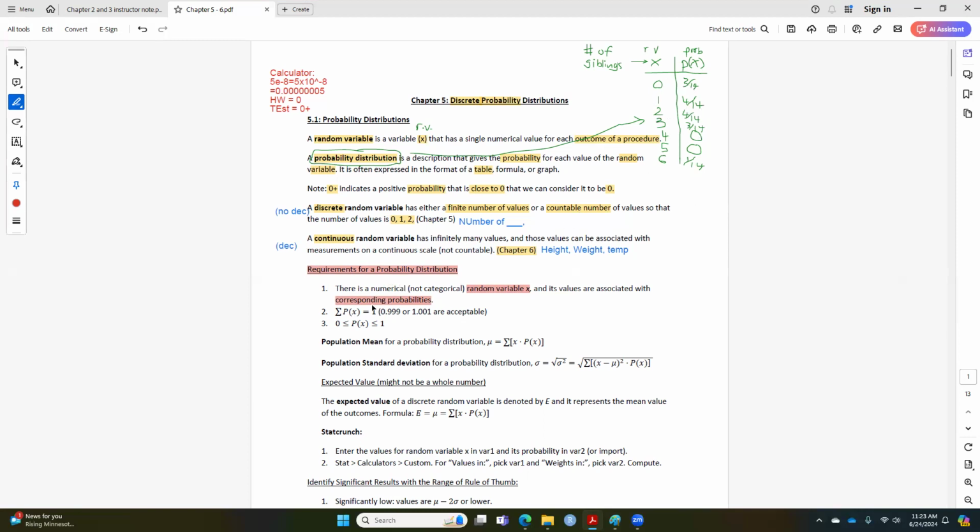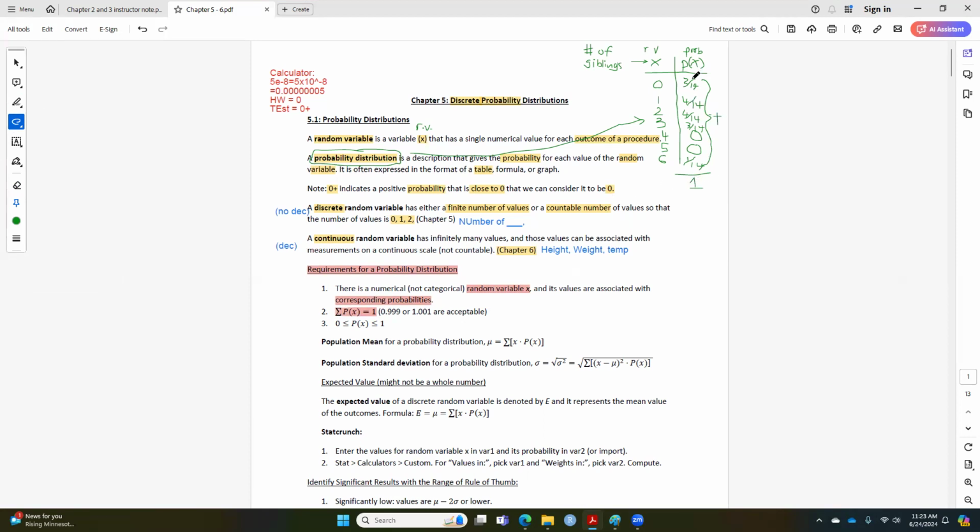Okay. Next, the sum of the probabilities is exactly 1. What that means is if you take all these probabilities and add them, you should get 1.